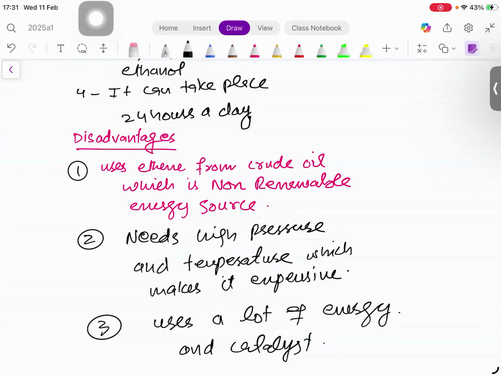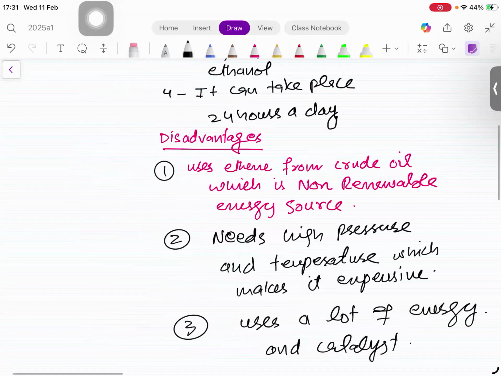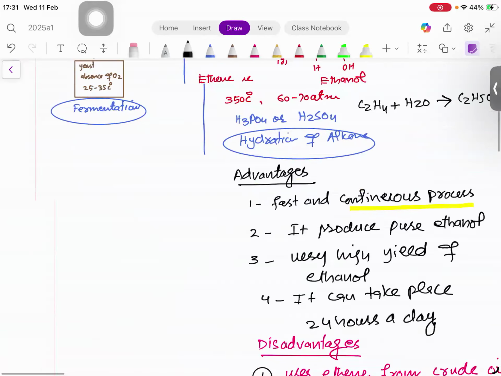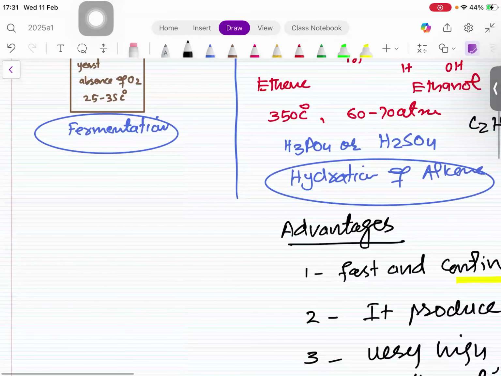Now come to the other side, fermentation. Before fermentation, let's see what the advantages are. Number one, come to the fermentation. Here is the fermentation. What is the advantage?